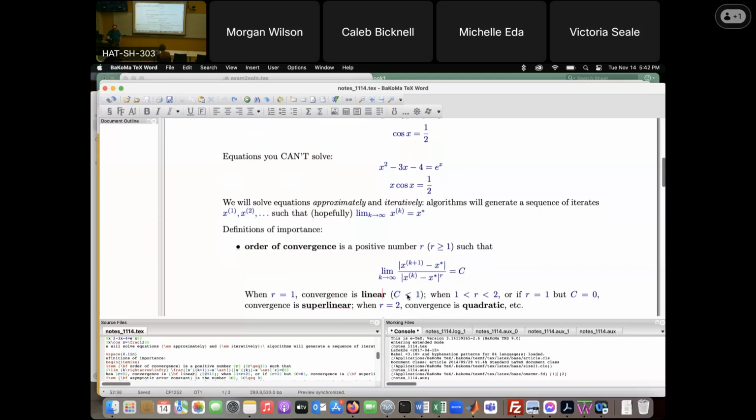For example, maybe c is 1/2, so each error is roughly half the previous error. Then you can be certain the error is definitely going to 0, because if c is greater than 1, that would allow the error to grow. We definitely don't want that. The first couple of methods that we'll see exhibit this linear convergence.